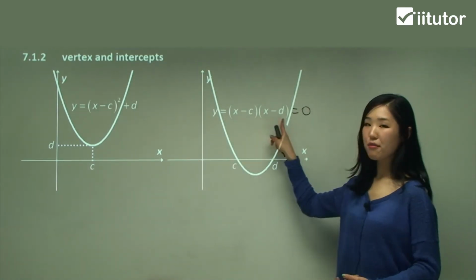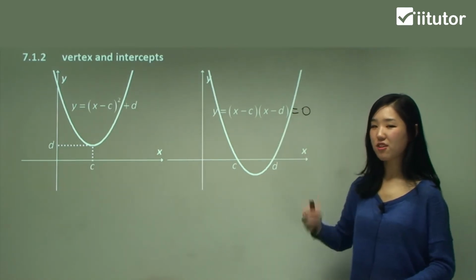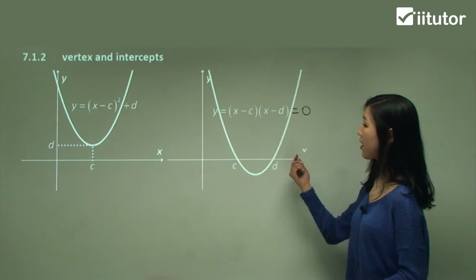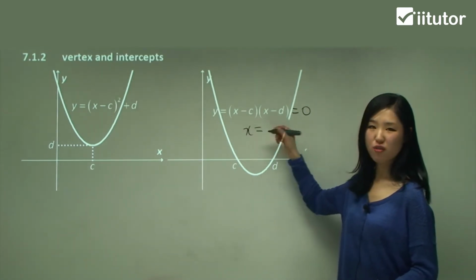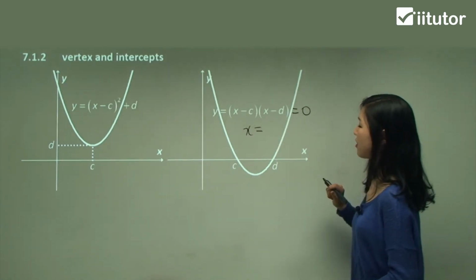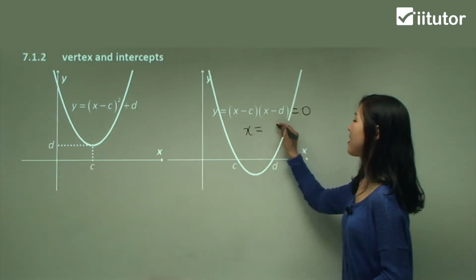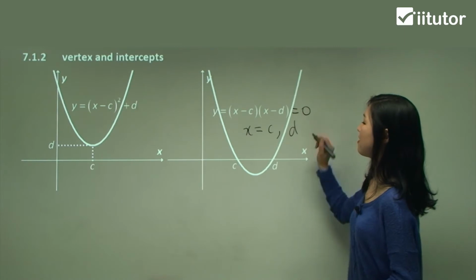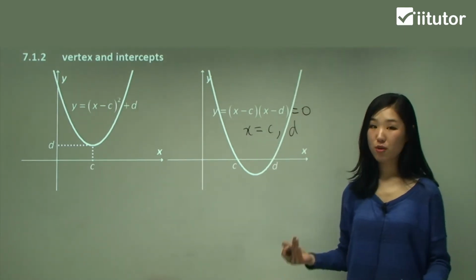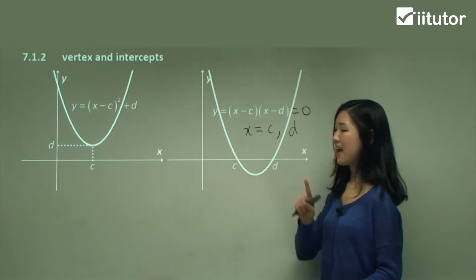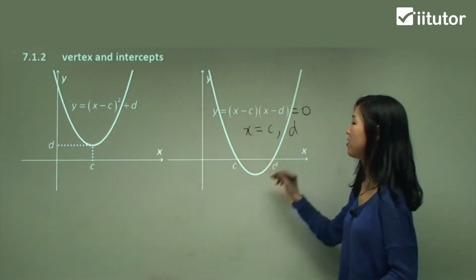If it's in this kind of form, it's a good idea to find your intercepts first. So it's equal to 0, and you should know from your basic quadratic equations that x is going to be c and d. So the x-intercepts are c and d. Just plot them in and you can join them.